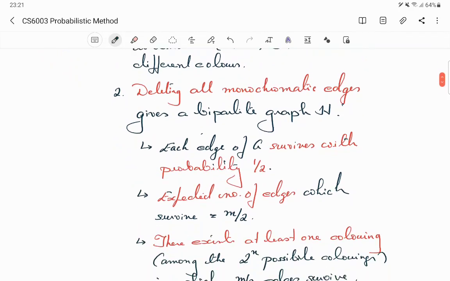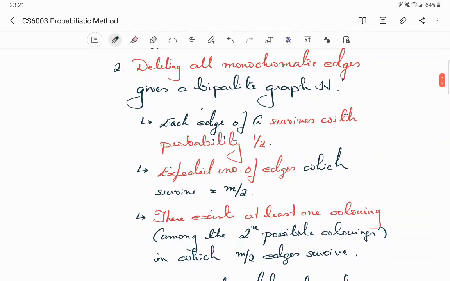Now next comes probably the more surprising kind of argument. The random variable that we are talking about here, X, is the number of edges that survive. So it's a number, and the expectation of that number is m by 2.